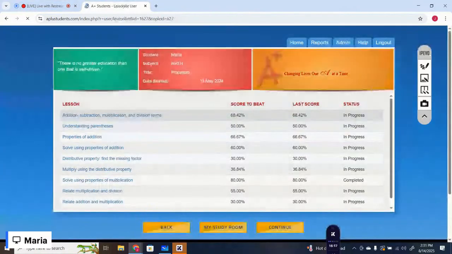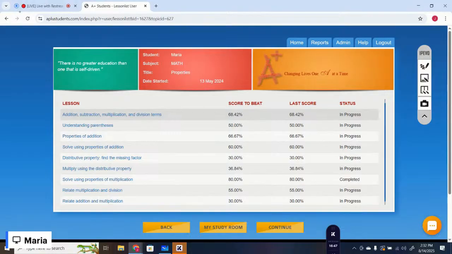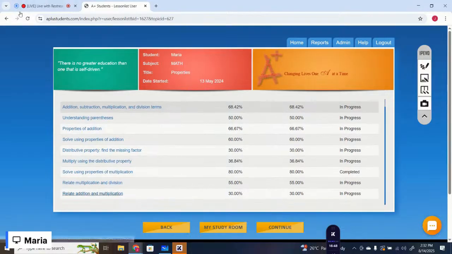Let me just move on to the next lesson. The next lesson is relating addition and multiplication.